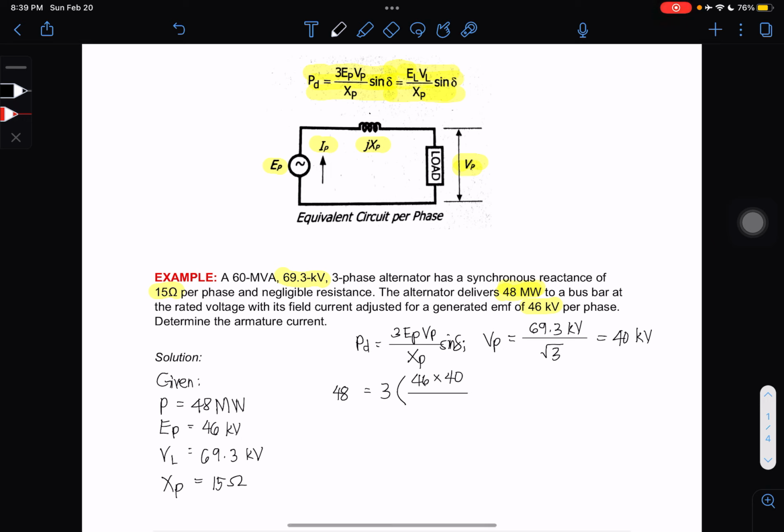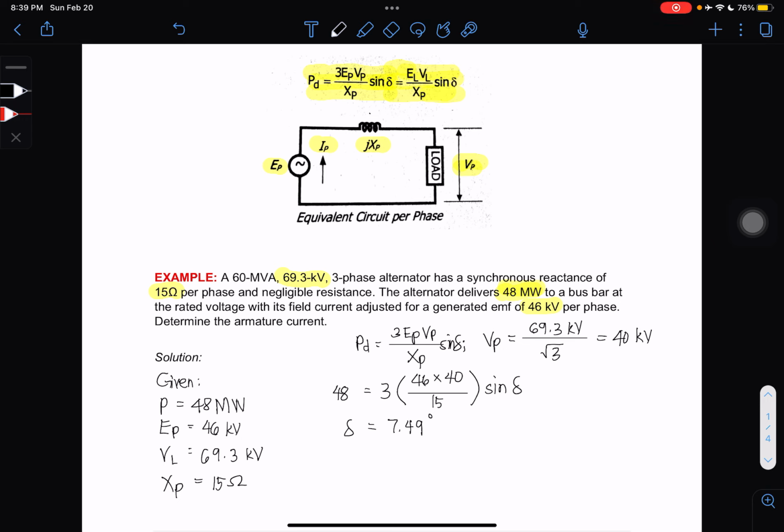XP na to nga 15. Multiply sa atuang sin angle na to nga unknown. Power angle ang atuang unknown. So solving for our power angle, so multiply lang nato na, we have 7.49 degrees.